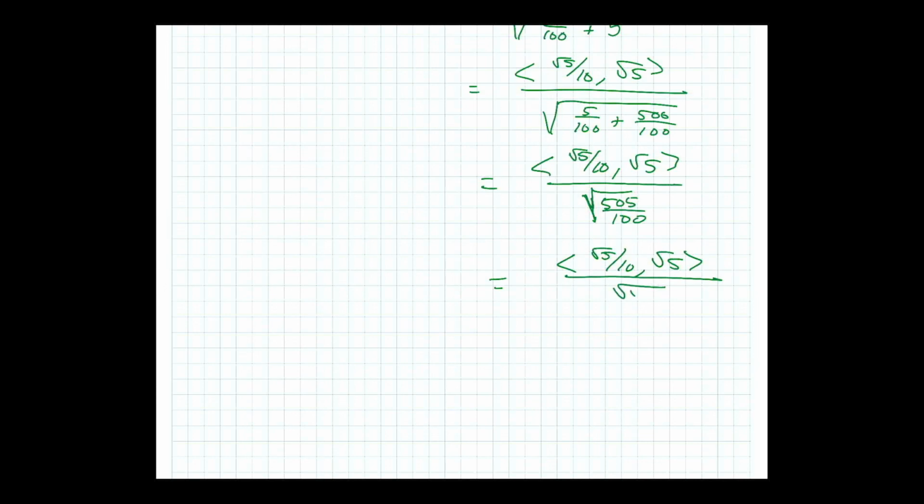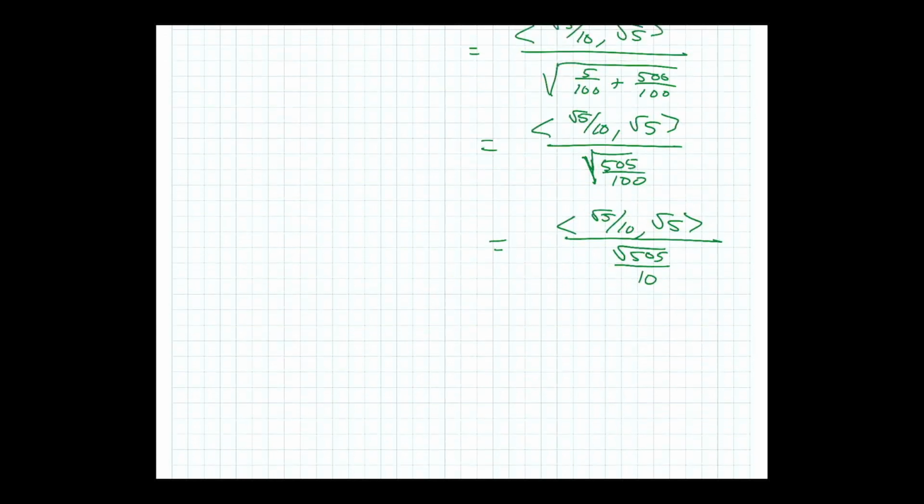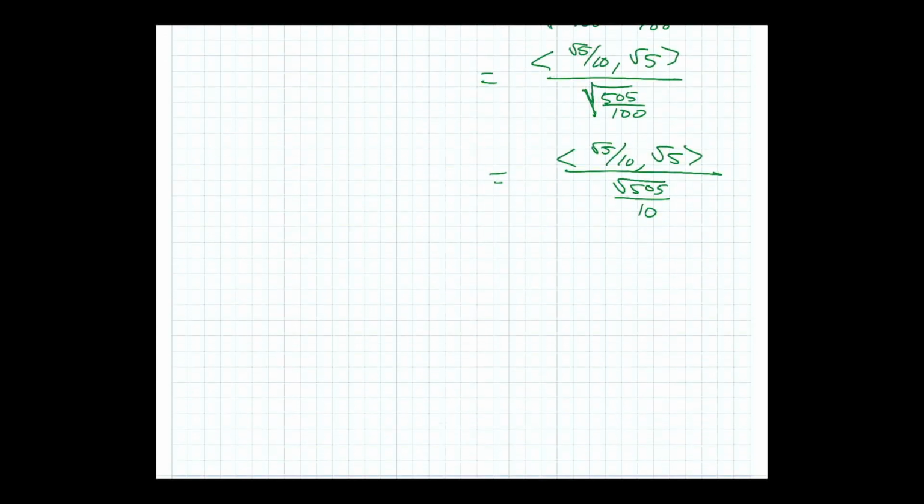But you can split that into √505 on top, and then on the bottom, the square root of 100, which is 10. And then dividing by 10 is the same thing as putting the 10 up in the numerator. So you have 10 times √5/10, 5 over √505.